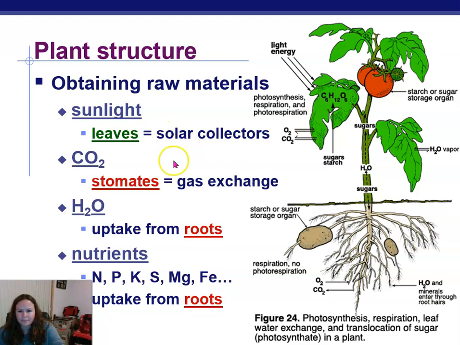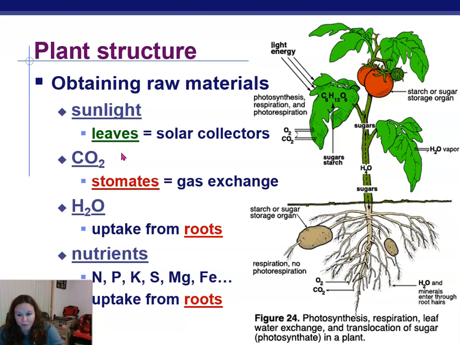And then you've got carbon dioxide that needs to enter the plant. So there are some little pores called stomata or stomates. That allows carbon dioxide in, plus it allows gases to leave, like oxygen, after that's made in photosynthesis. We need water for this to happen, so that comes through uptake in the roots.